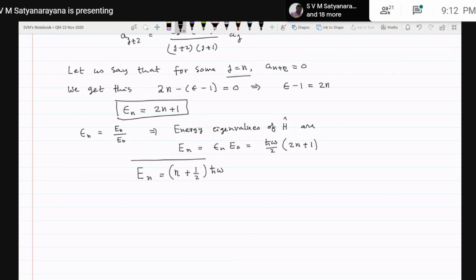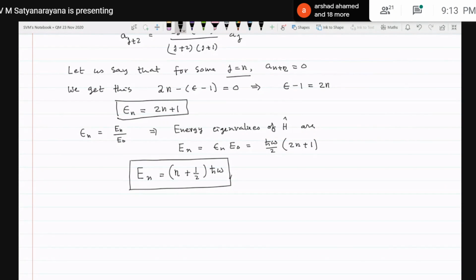So this is how, as you have seen in the case of potential problems in one dimension earlier, we always get this quantization of energies by applying boundary conditions.